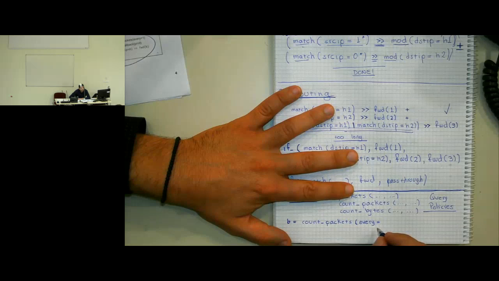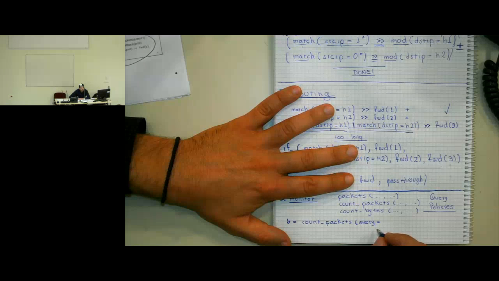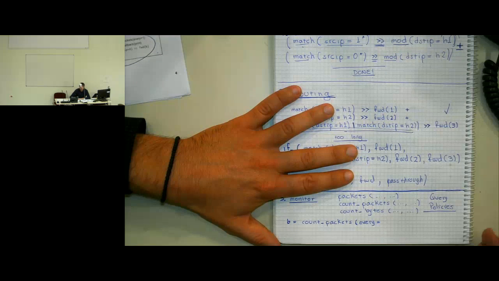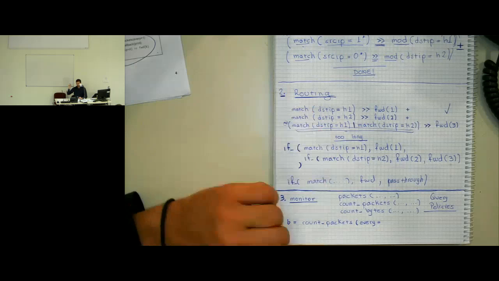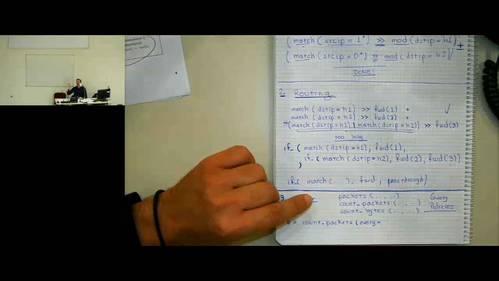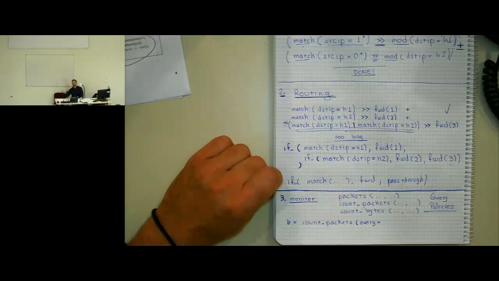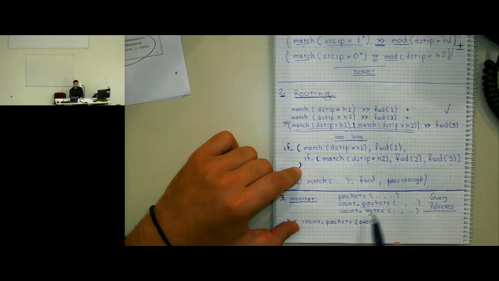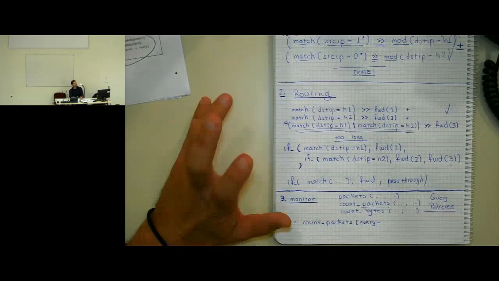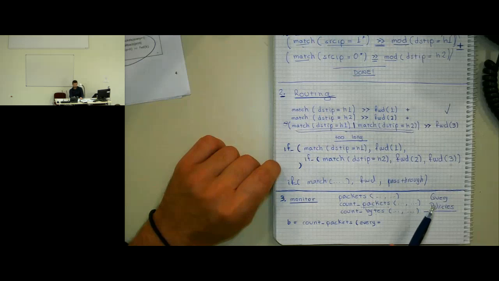So here the first argument of the function defines the interval. It's a time interval for this function. Count packets is identical with count buckets, with count bytes, in the arguments. Packets is a little bit different in the arguments it takes.